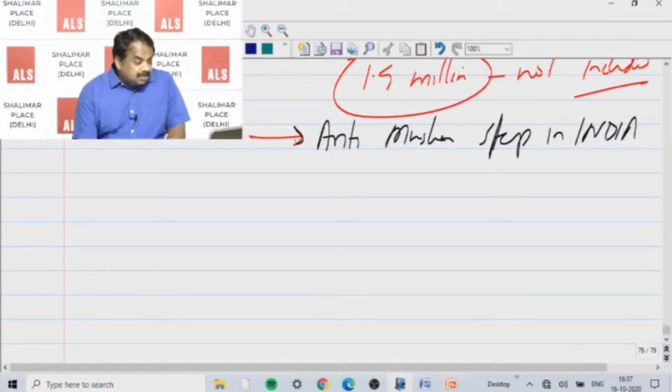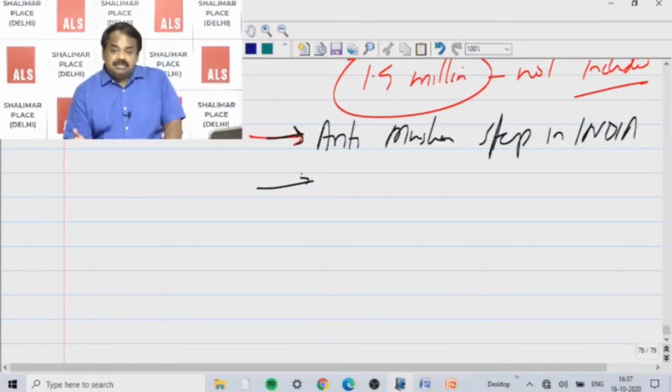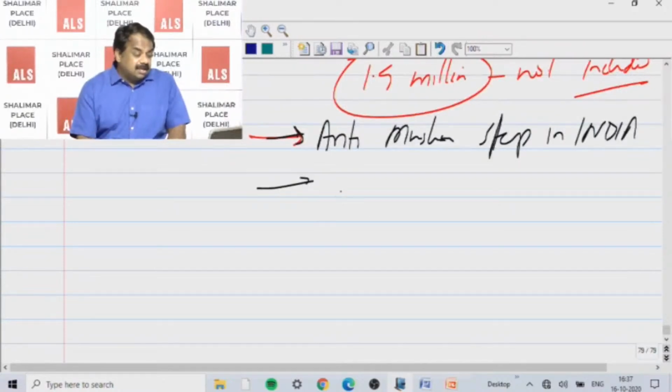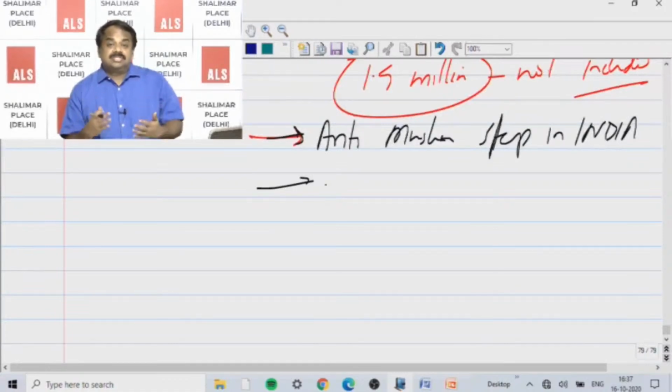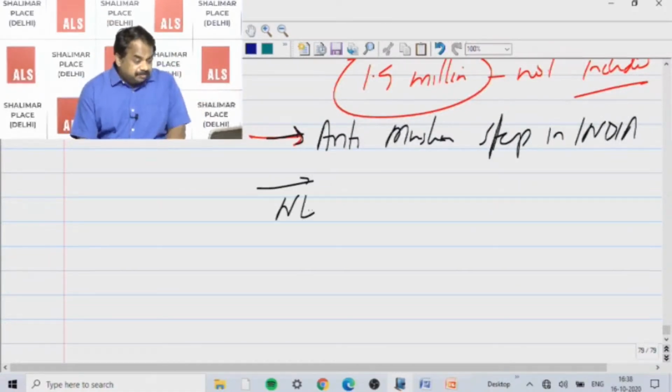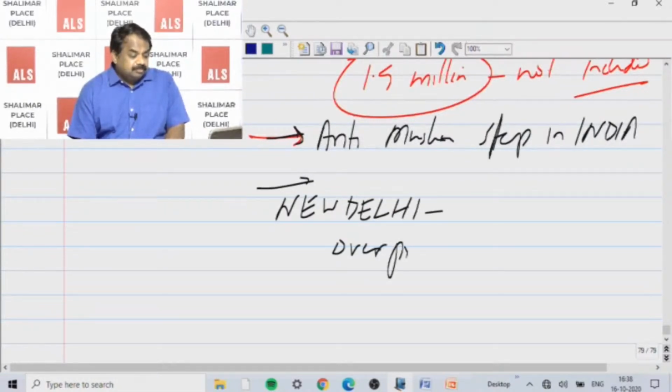And this has created a scenario, plus the Chinese investment, whether Bangladesh is slowly slipping into the hands of China. And New Delhi, from our side also, we are a bit overprotective about Bangladesh.